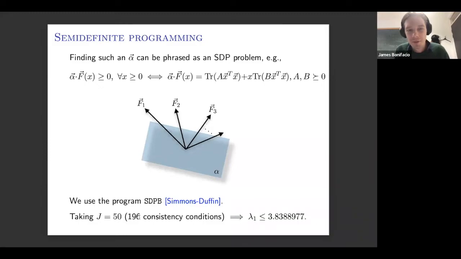And so using this system of consistency conditions coming from two holomorphic differentials with this integer j equal to 50, which just tells me how many derivatives I'm including, and corresponds to 196 consistency conditions, I can obtain this upper bound on lambda 1 that I quoted earlier. So that's where the bound on genus 2 or above comes from. And you can imagine doing more complicated things by considering systems of integrals of more than two holomorphic differentials. That's how you can find bounds on surfaces of higher genera.